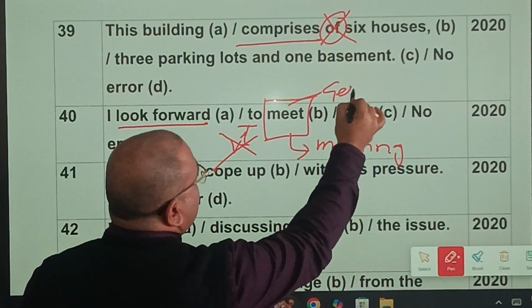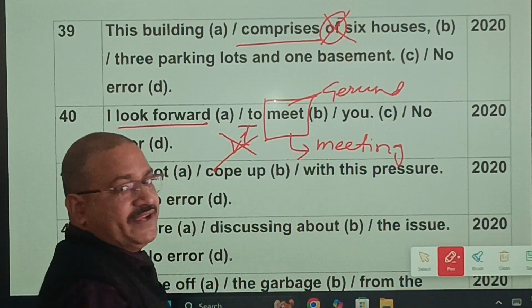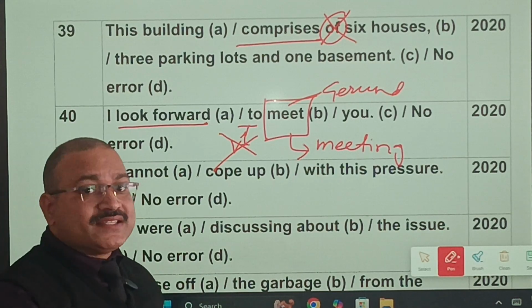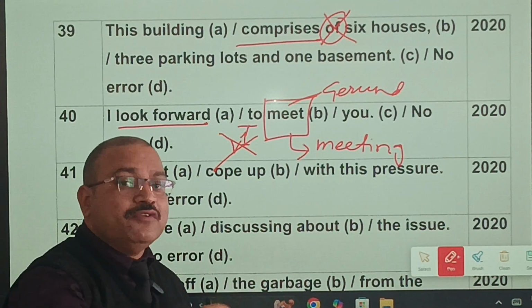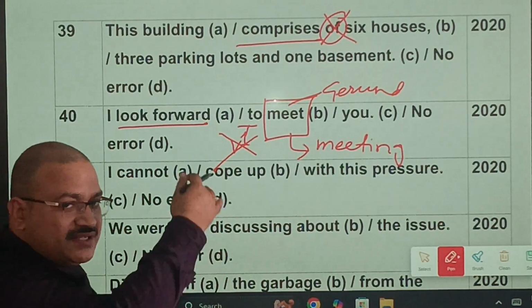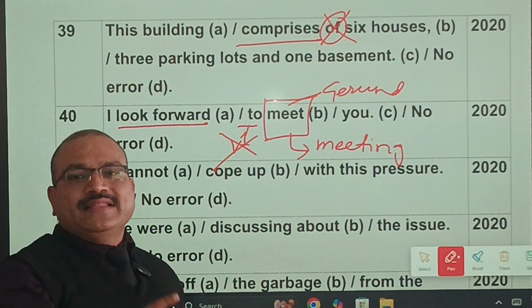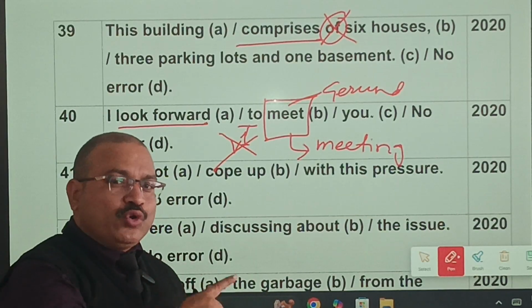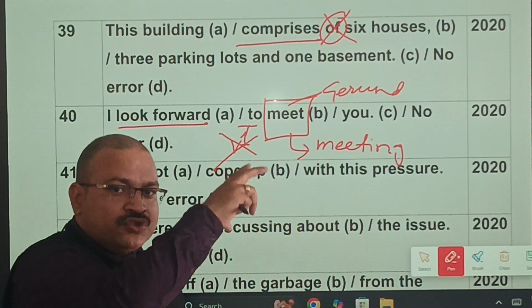Gerund. Meeting. I look forward to meeting you. He is accustomed to, then the coming verb will be with ing. We have just discussed all these rules in that series, 100 golden rules of spotting errors. So no question is out of those rules.